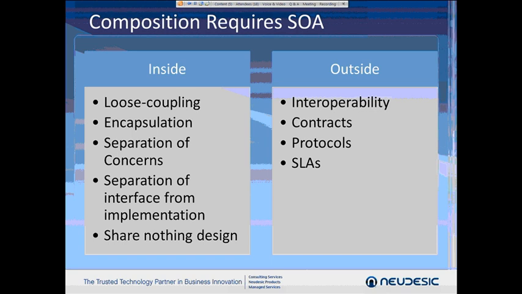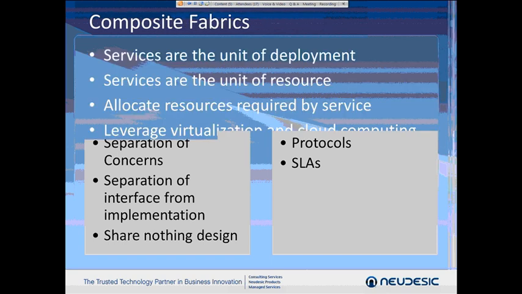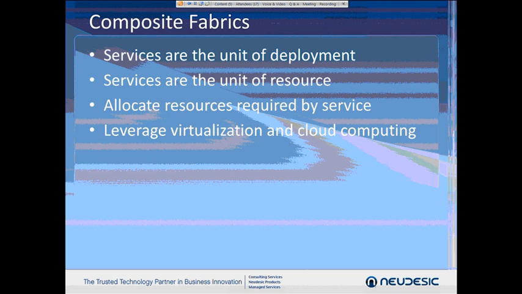Composition requires SOA. It requires a service-oriented way of thinking, both on the inside in terms of your development patterns and on the outside. So there's kind of this trend around composite fabrics, where services are the unit of deployment. There's autonomy, there's reuse, with the service as that unit of reuse, and so it changes the way that we actually manage services.